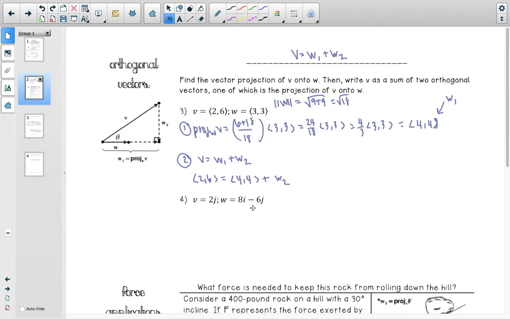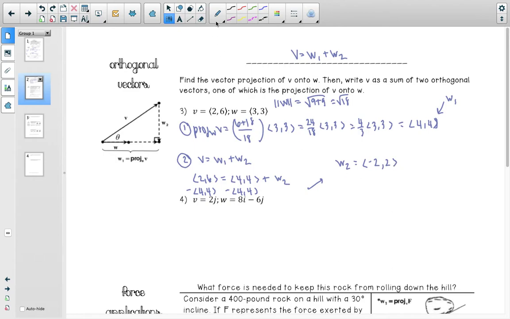It's just like what you used to do with algebra. We're just going to subtract this over. And so I'm going to write this over here. And you just collect like terms. So it'd be 2 minus 4, so negative 2, and 6 minus 4, which is 2.